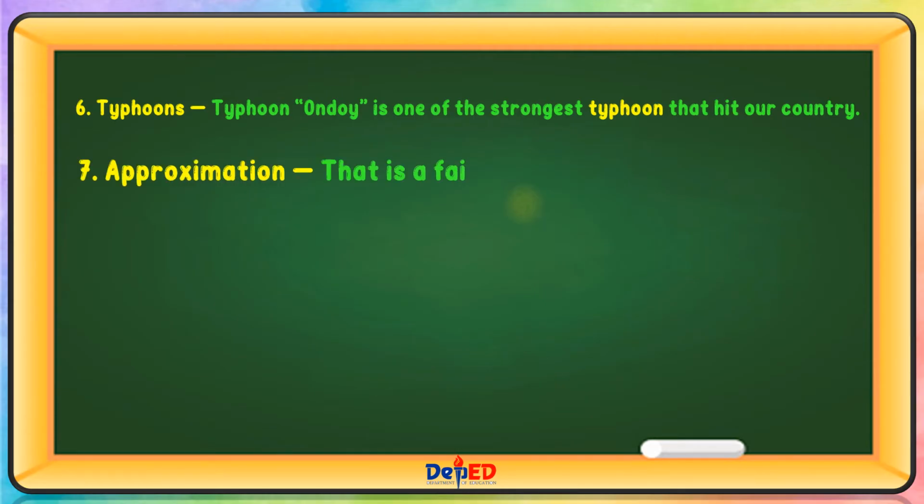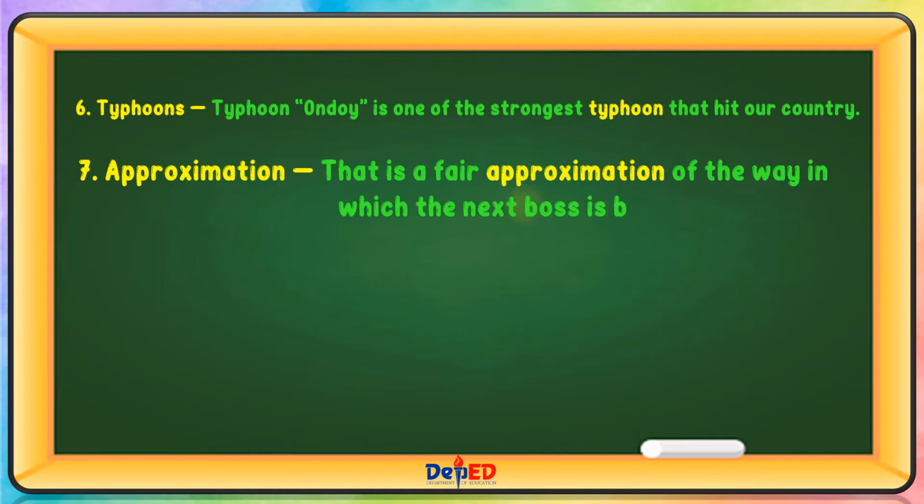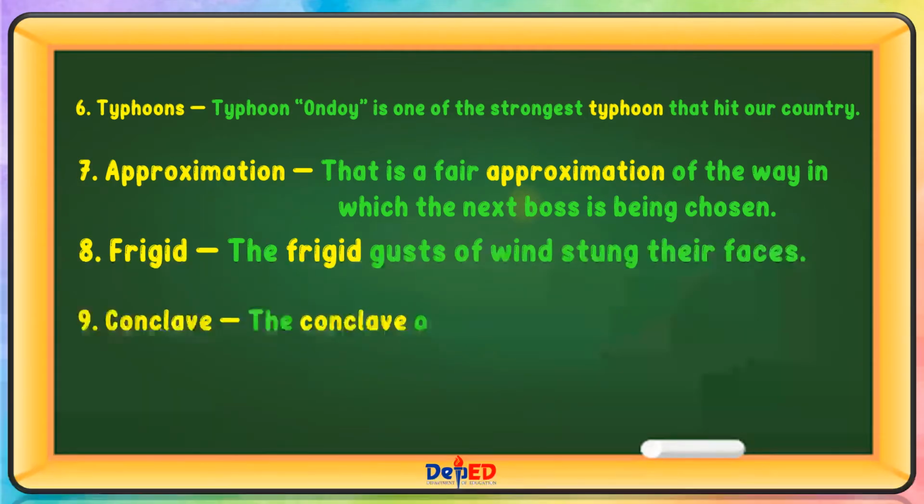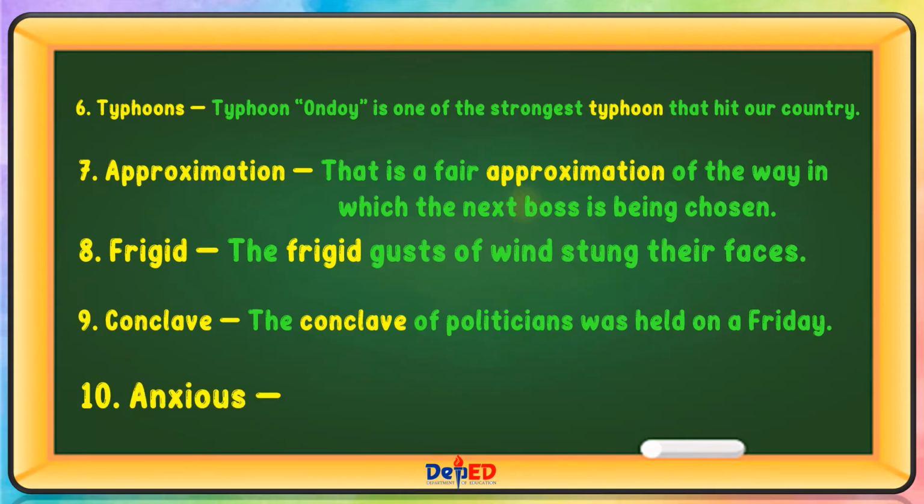That is a fair approximation of the way in which the next boss is being chosen. Frigid. The frigid gusts of wind stung their faces. Conclave. The conclave of politicians was held on a Friday. Anxious. She is anxious to visit Europe.